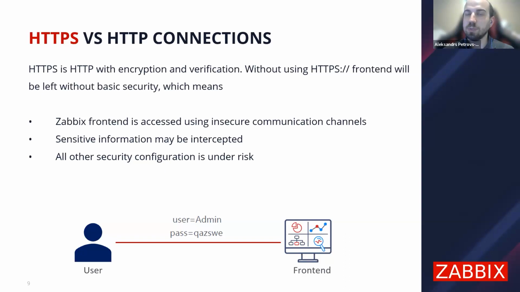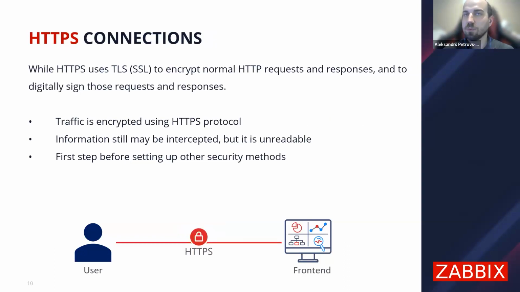And if with HTTP, anyone can potentially get to your traffic and see what you pass, so logins, passwords, and maybe the configuration, depending on how long they will be. With HTTPS, you will be safe from that. So even if somebody gets the HTTPS traffic, which uses, again, TLS to encrypt it, they will get essentially encrypted data, and they will not see anything useful in it.